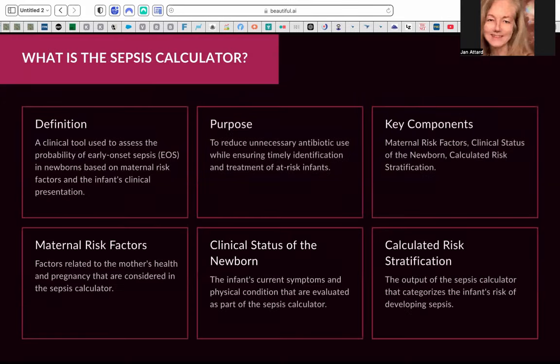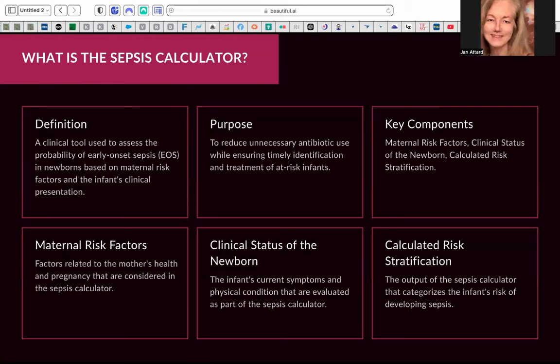So what is this sepsis calculator? It's merely a tool, and it's a tool that is standardly utilized. Based upon this, we plug in some figures, and what pops out is a qualified number that we can utilize to make an assessment.